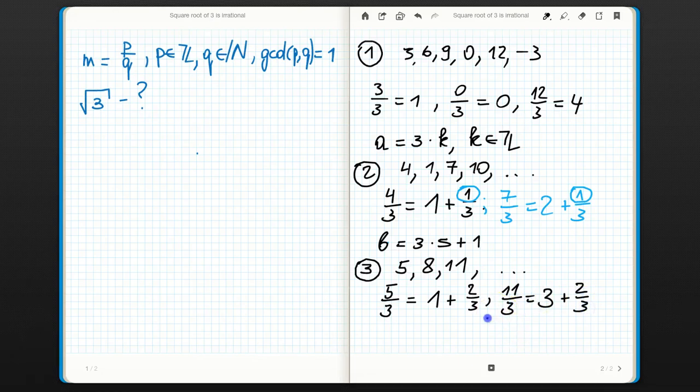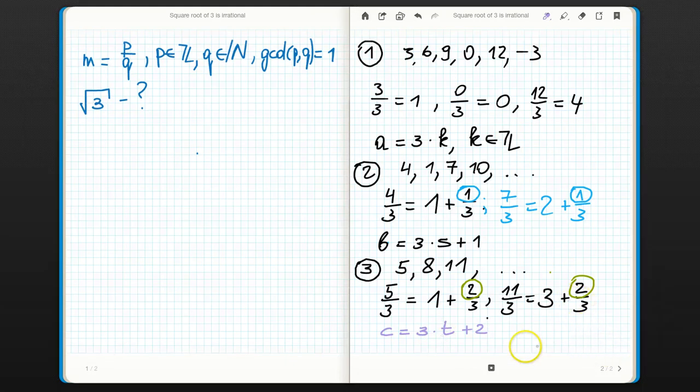So the remainder is always 2. Every number on this list can be written as c equals 3 times some t plus 2. So why do we need this preparation?